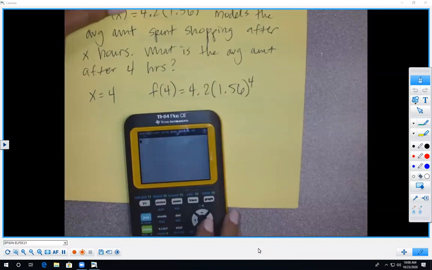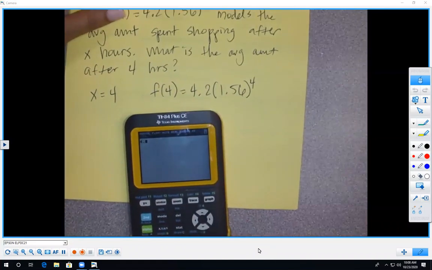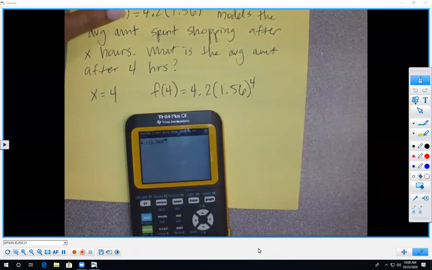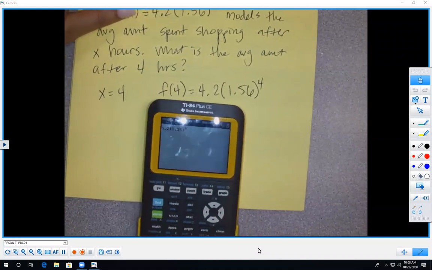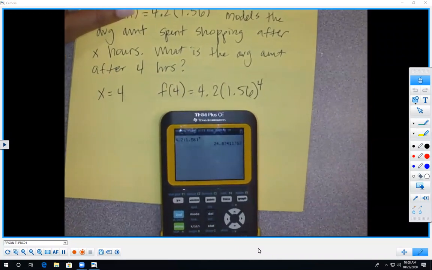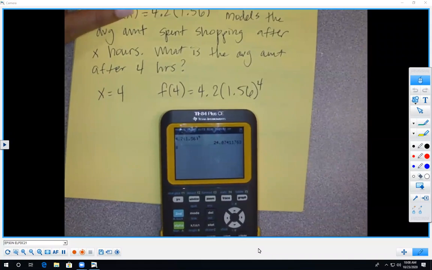And you can just type that directly in your calculator. If you needed to do it piece by piece, the first piece you would do is the 1.56 to the 4th power first, and then you would multiply that by 4.2. But you get 24 point, I did something wrong.